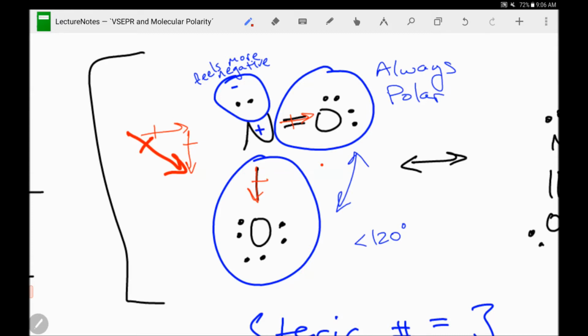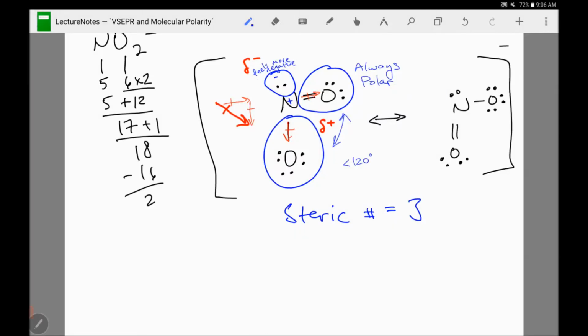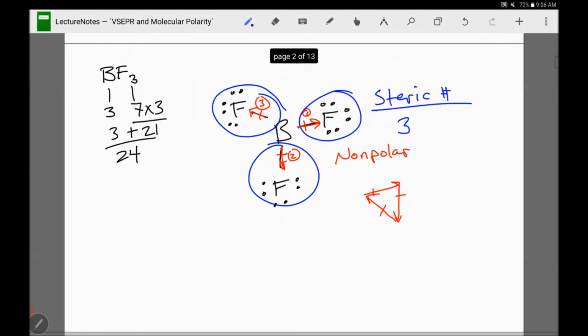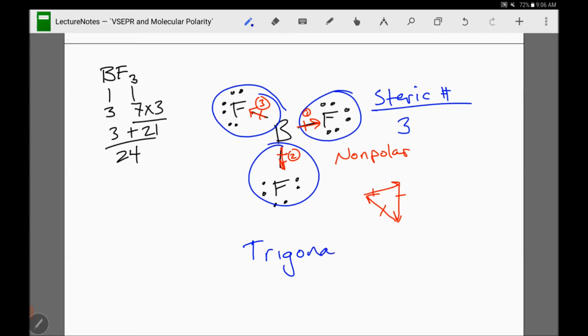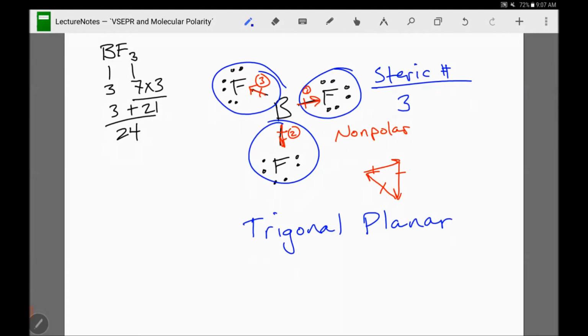So this side of the molecule will be kind of positive, and this side of the molecule will be kind of negative. With a steric number of 3 and 1 lone pair on the central atom, the shape is bent. With a steric number of 3 and no lone pairs on the central atom, the shape is trigonal planar. And the bond angles here are 120 degrees.